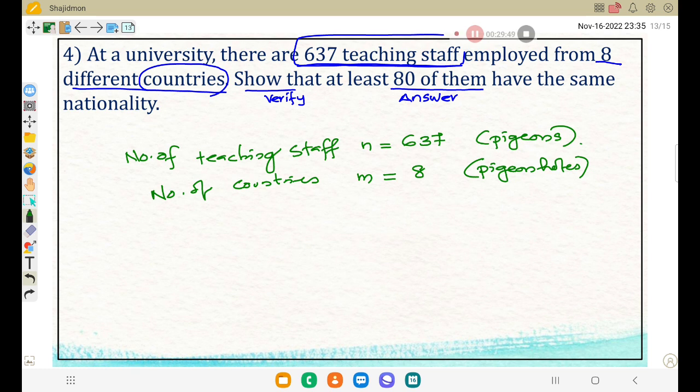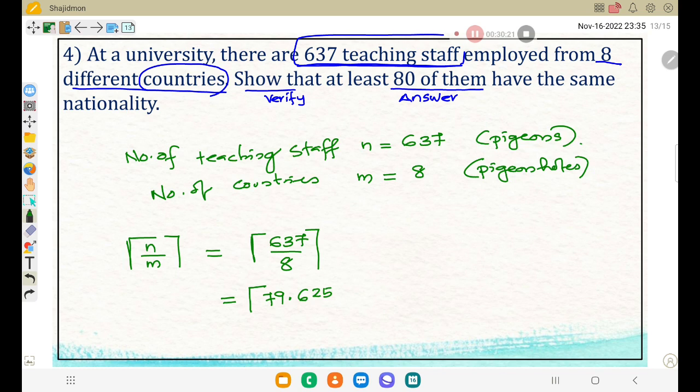Now what is the question? Show that at least 80 teachers have the same nationality. So a minimum of 80 teachers from one of the countries. That is the idea here. So we are using the extended pigeonhole principle. Ceiling function n by m equals the ceiling function 637 divided by 8. When we calculate, we get 79.625.